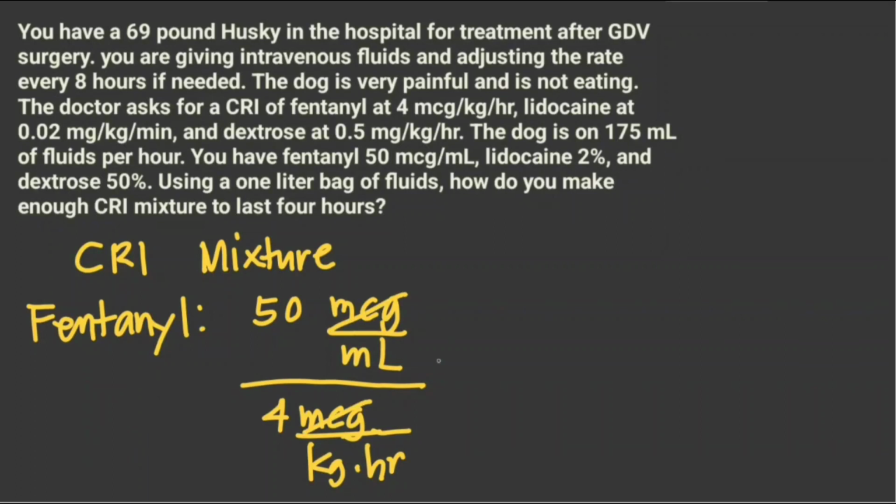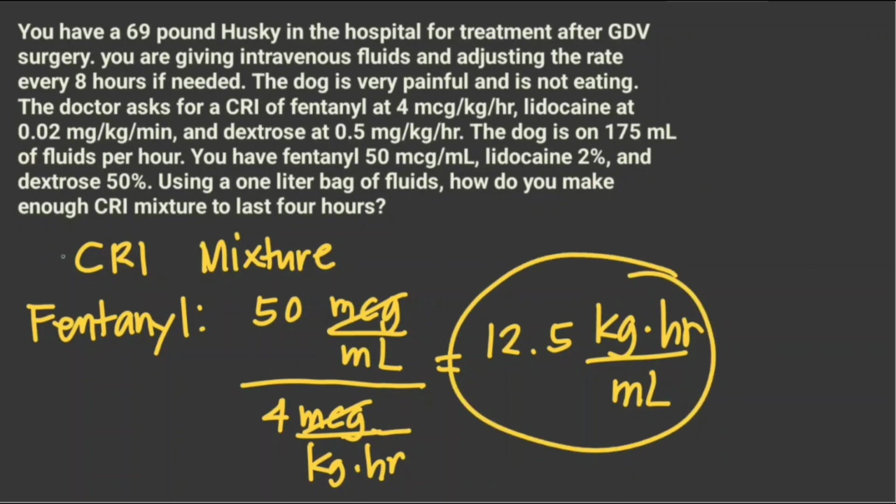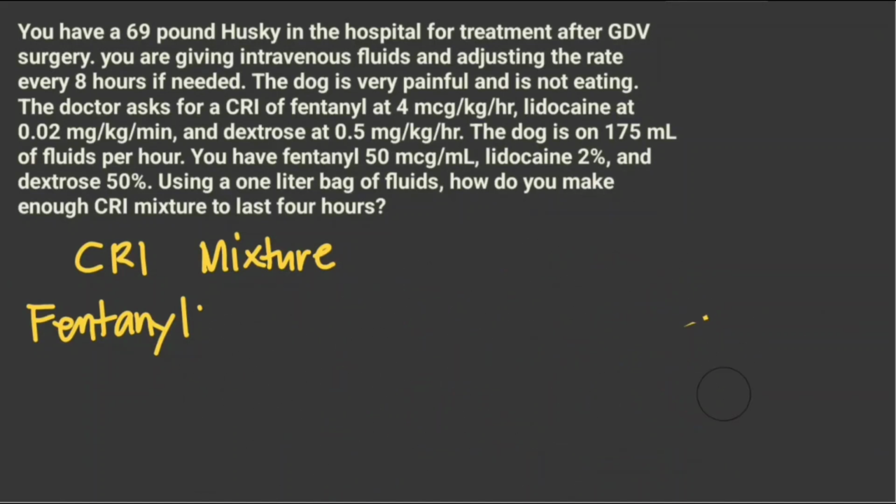The micrograms cancel out, so that is 50 divided by 4, which is 12.5 kilogram hour per ml.